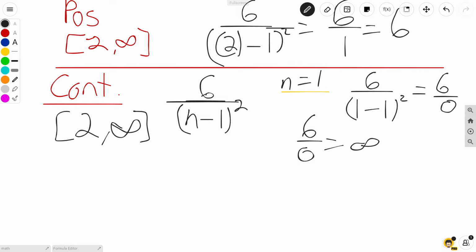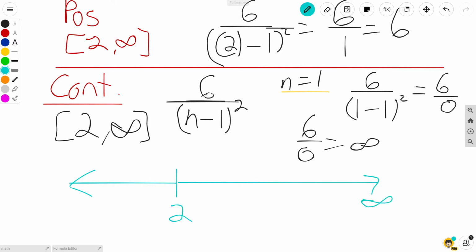At n equals 2, anywhere from 2 to infinity, anywhere right here, there's no discontinuity.